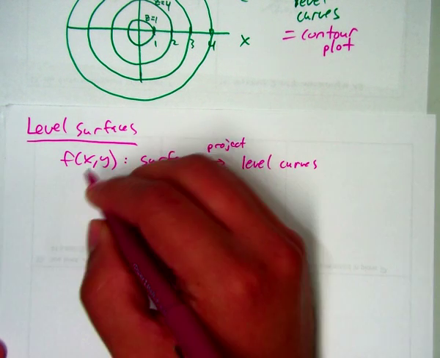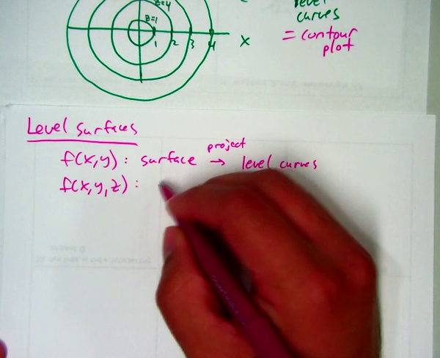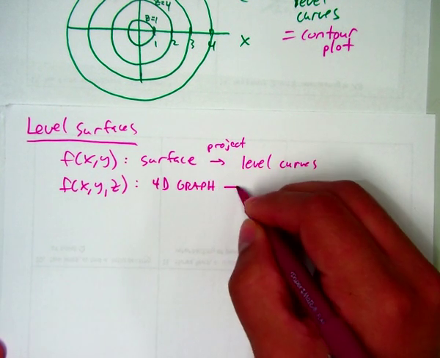If we have a 3-variable function, f of x, y, z, this is now a 4D graph, which we're not going to draw.